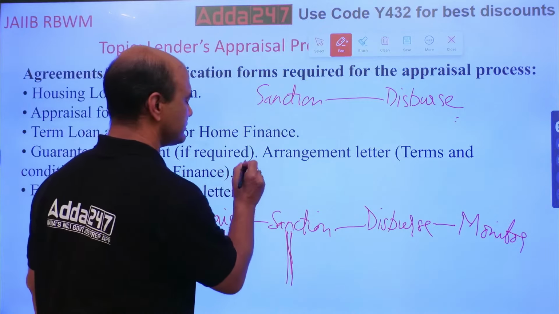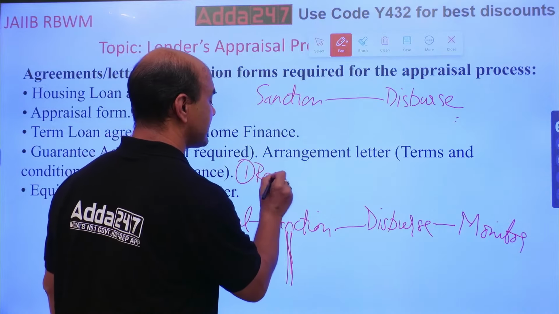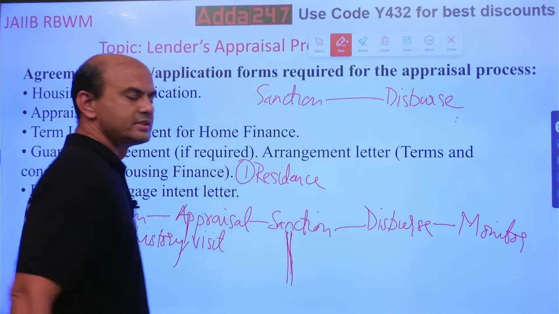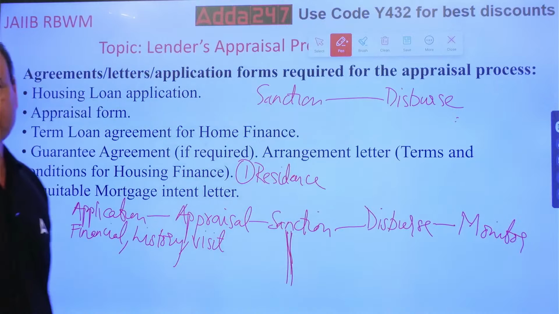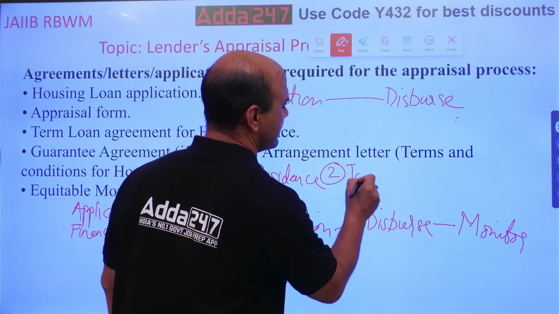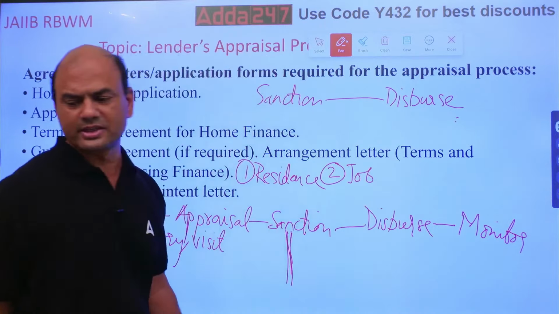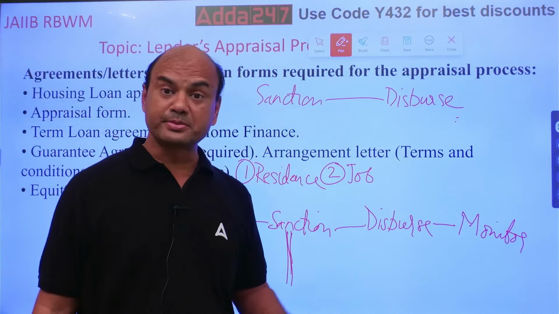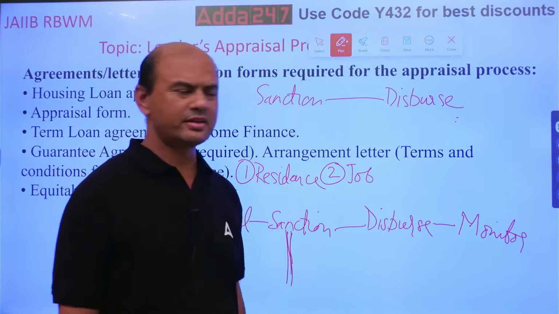Okay, let me show you. First, present residence. Right? First one. Second one, present job. Job or income, whatever it is. If it's a business person, then there's no job, so then there's a business. So business place. You can call it anything.